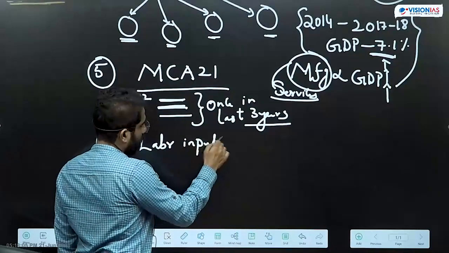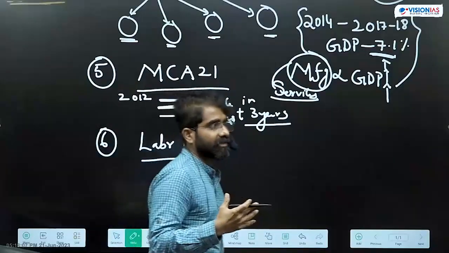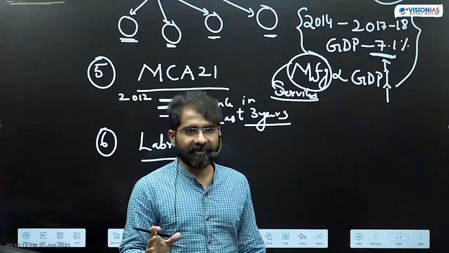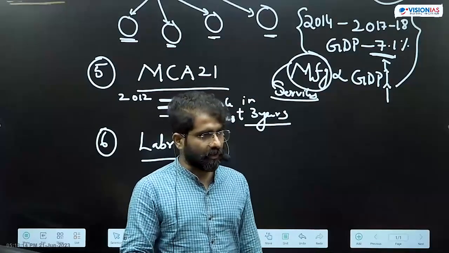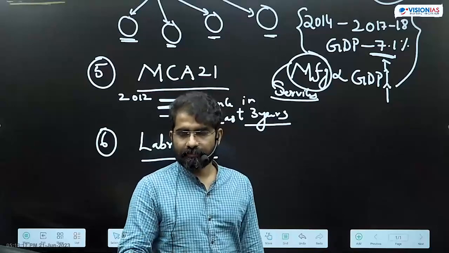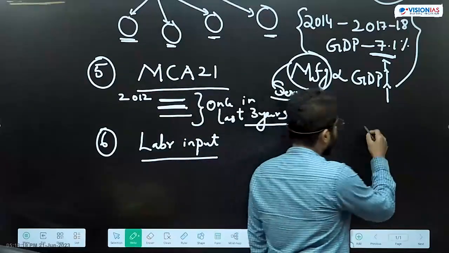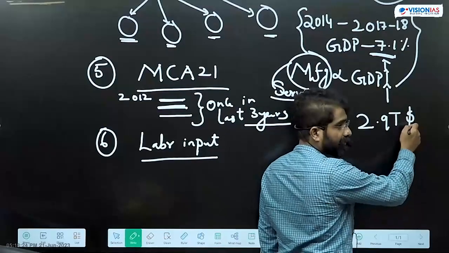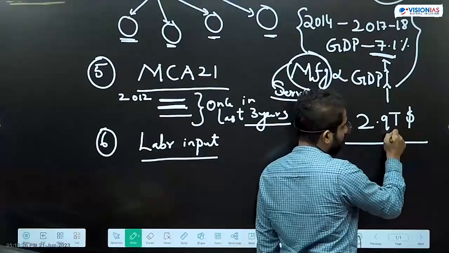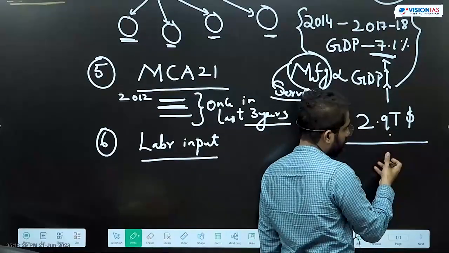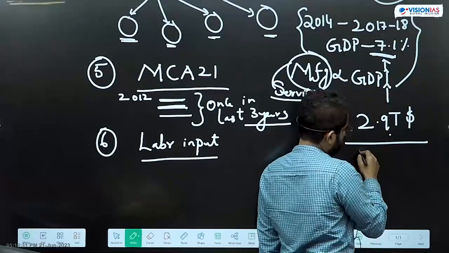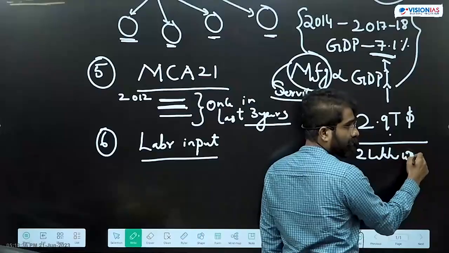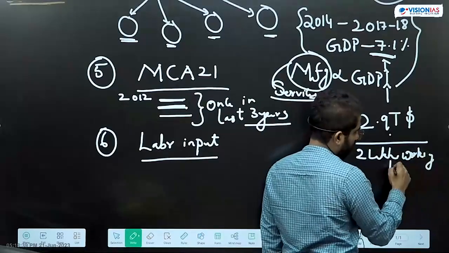Okay. Do you think labor efficiency is also required for GDP output? Labor efficiency. Okay, it is required. Okay. Will it have a direct impact? Yes, for example, let's say for $2.9 trillion GDP, this got generated when there were something like, let's say, 2 lakh working hours, just an example, 2 lakh or 20 lakh working hours.